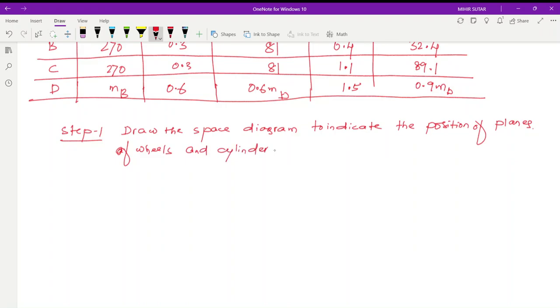This we have already done. Step 2, tabulate the data. This we have already done.